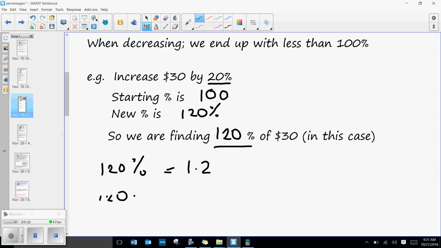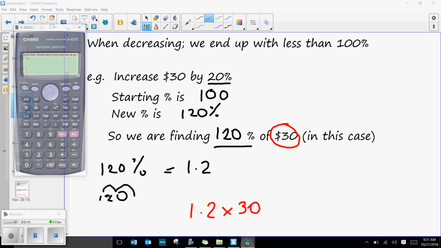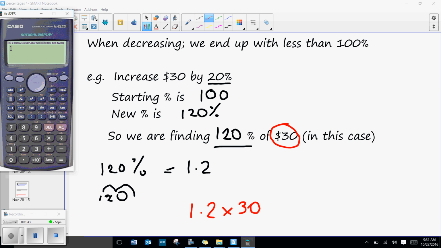So we are trying to increase $30 by 20%, so we would calculate 1.2 multiplied by 30. So 1.2 multiplied by 30 gives 36. In this case, it would be $36.